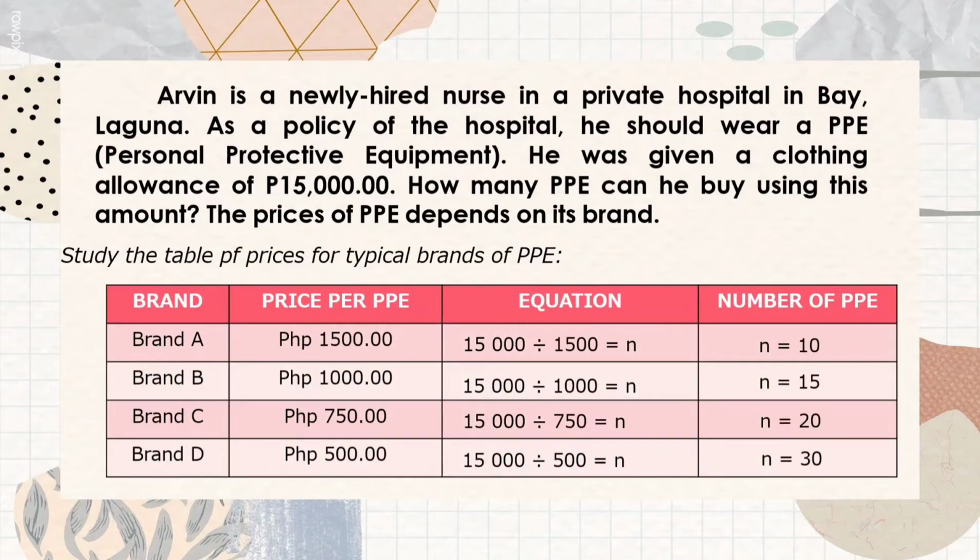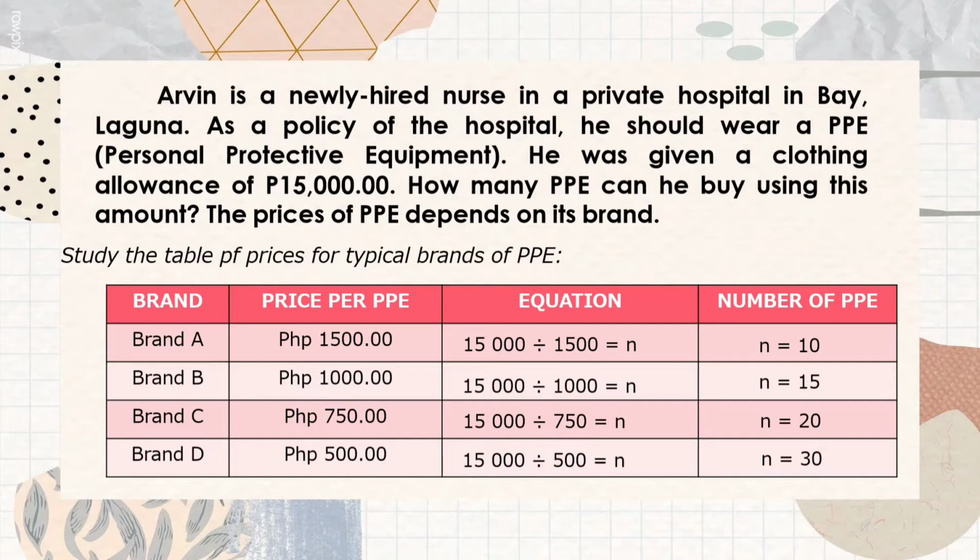We have the brand, the price per PPE, the equation, and of course, the number of PPE. So the brand A price is 1,500 pesos. So para mabili niya yung brand A, ang equation natin dyan will be from 15,000 pesos na clothing allowance niya, i-divide natin sa 1,500.